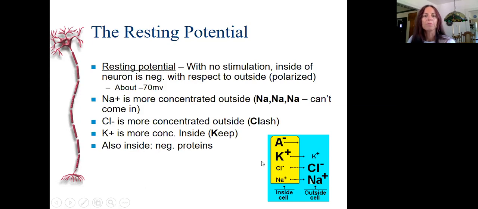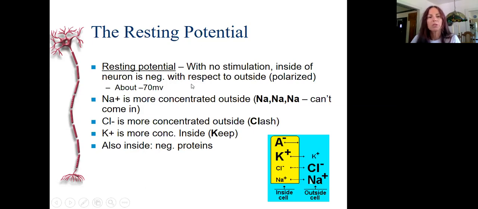Okay, let's take a look at the resting potential. The resting potential basically happens when the neuron is essentially doing nothing at all. With no stimulation inside the neuron, we're going to see what's called the resting potential.